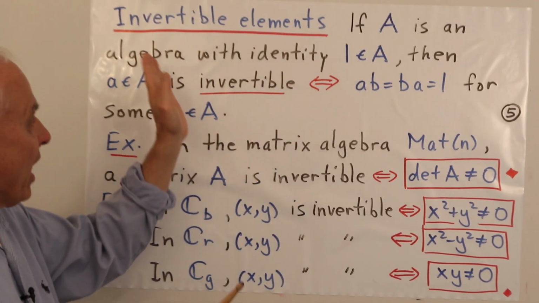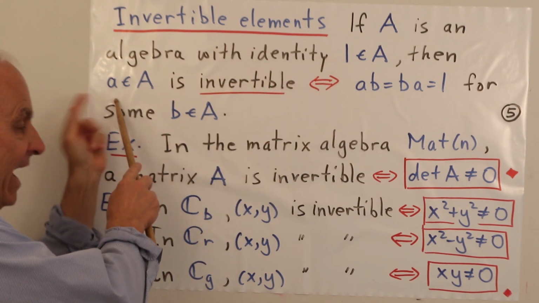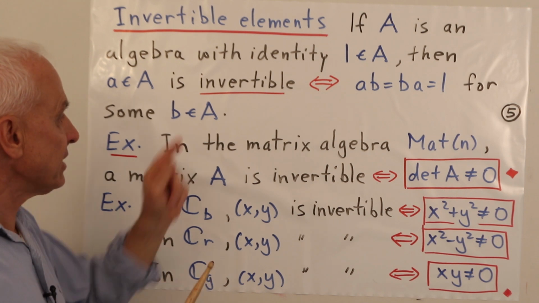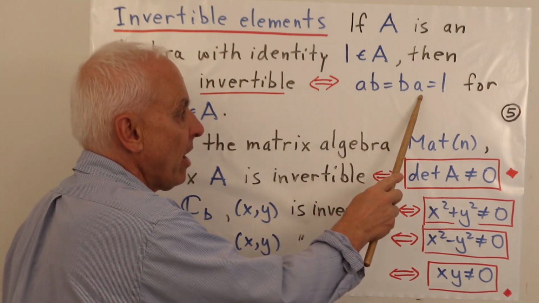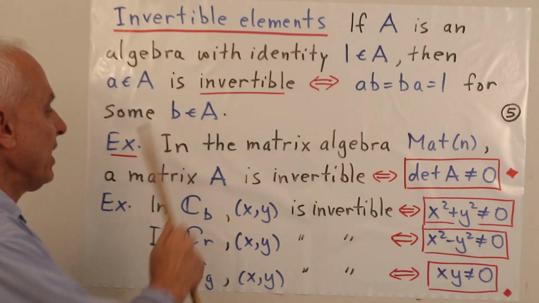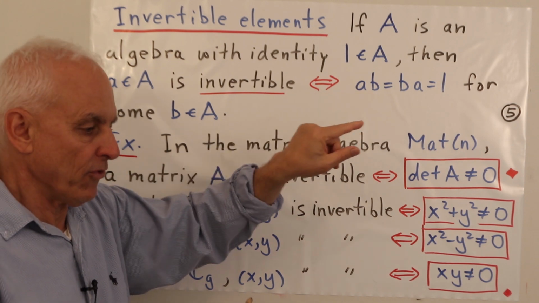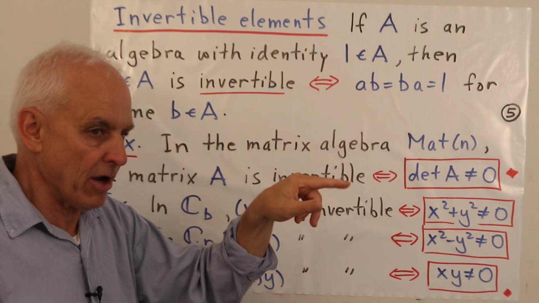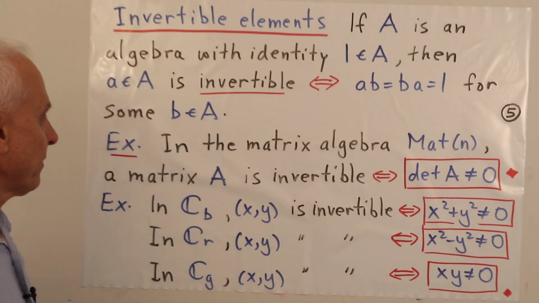If A is an algebra with identity 1, then an element a in A is invertible precisely when a times b equals b times a equals 1 for some b in A. And here we are adopting the more usual convention that we don't always write the multiplication with a cross. We just write ab for a times b.